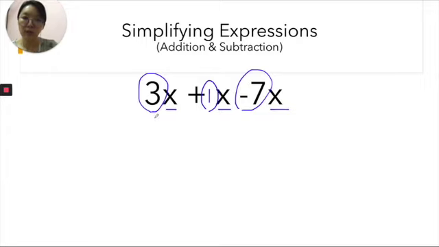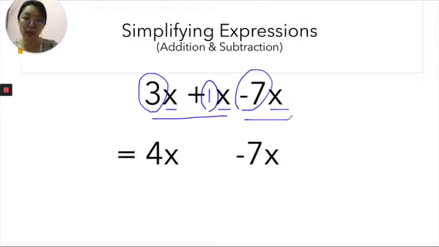So I can do one by one. For example, I can take 3x plus 1x first, and then leave negative 7x at the back. And then check again, they're all like terms. Put x down, and then 4 minus 7, you'll get negative 3 from your calculator. So your answer is negative 3x.